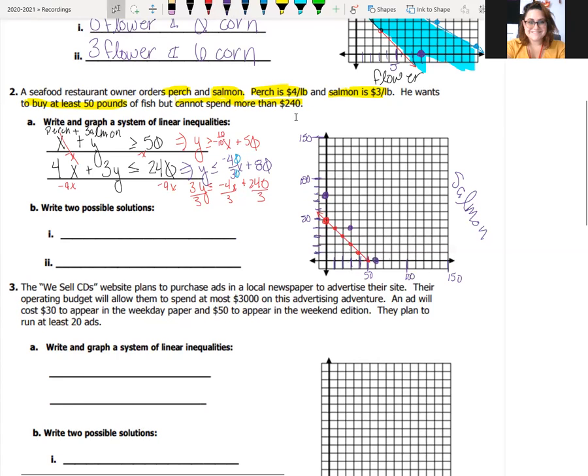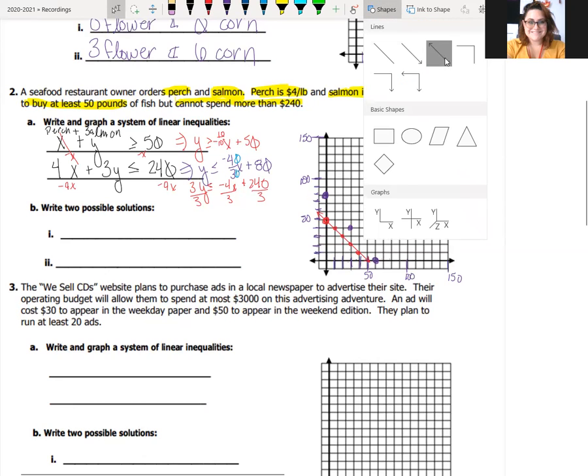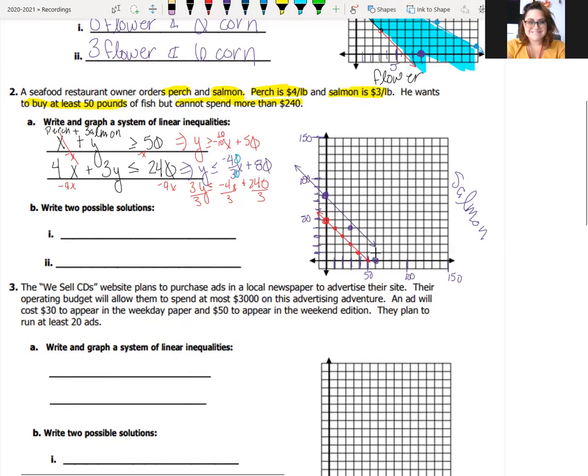So we have a really small gap on this one. And again, it can be assumed that they're going to meet in the middle because that's kind of the entire point of the exercise. Or we could say, well, red says to graph up and purple says to graph down. So they're going to meet in the middle.